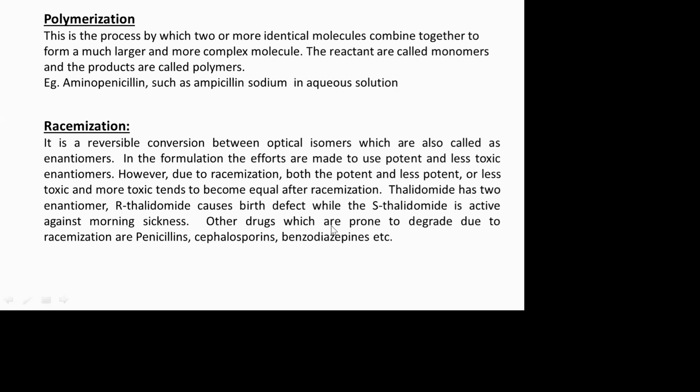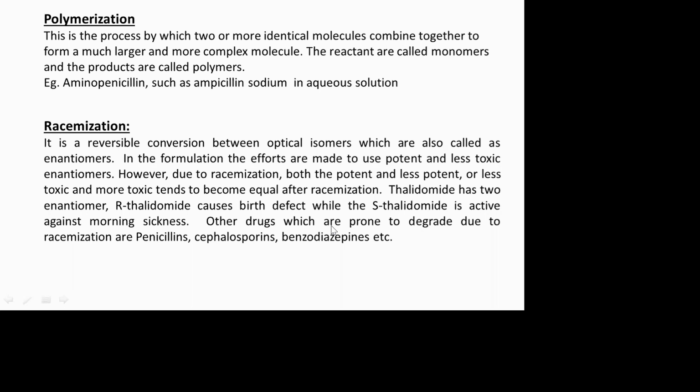Sometimes one enantiomer is non-toxic and the other enantiomer is toxic. So initially we use the non-toxic enantiomer, but due to the racemization process, the non-toxic enantiomer will form the toxic enantiomer. So after a long time, due to racemization, the toxic enantiomer will also increase in amount.